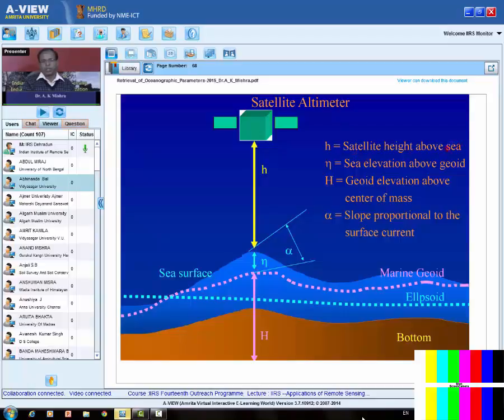So H is the satellite height above the sea, eta is the sea level elevation above the geoid, H is the geoid elevation above the center of the mass, alpha is the slope of the current.